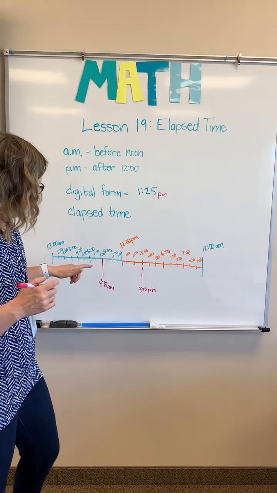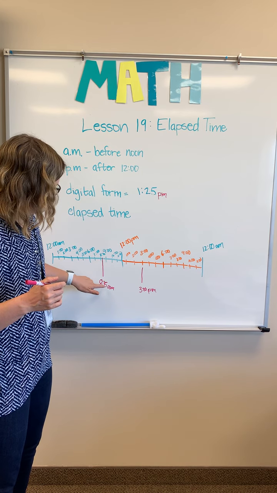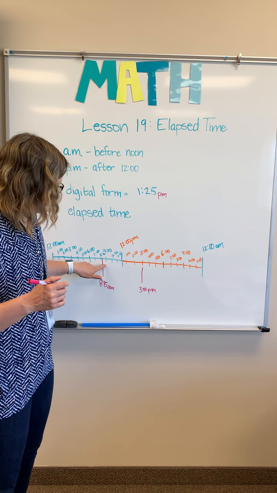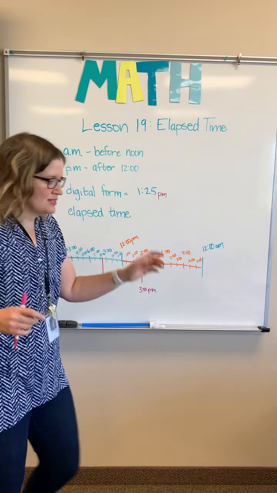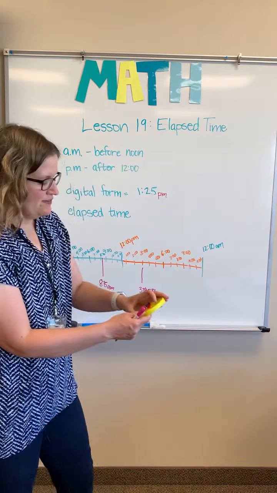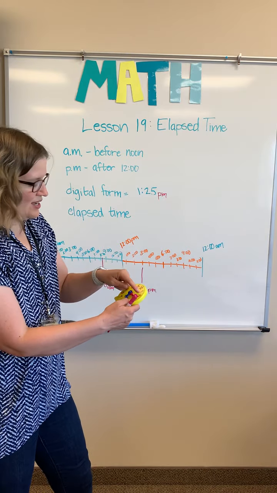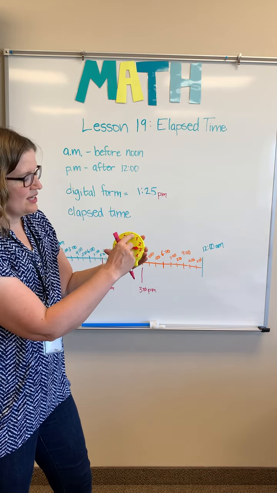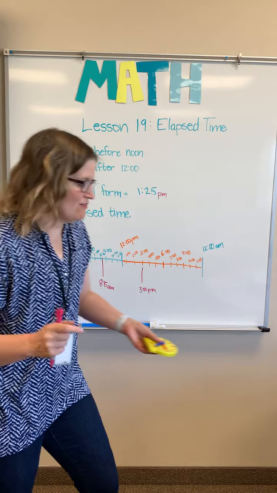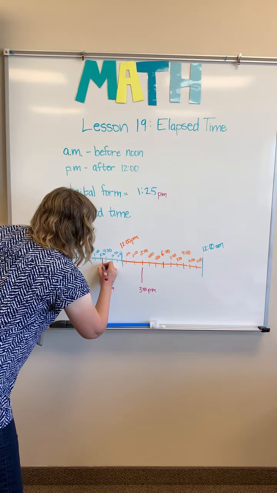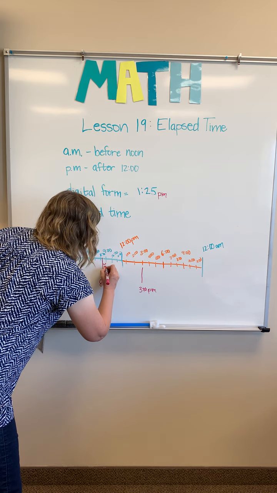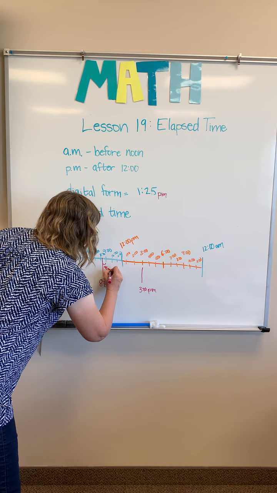So we've got to think about how many minutes it is until we get to 9 o'clock. I've got 15 minutes already in, so the rest of this is going to be 45 minutes. I'm going to make a little note right here. Between here and here is 45 minutes.